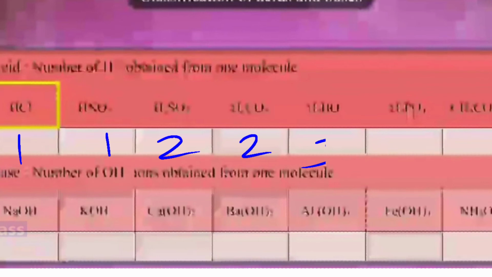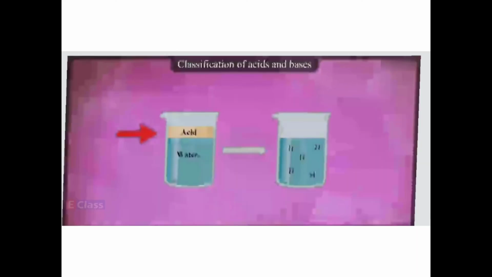So this is the basicity. Acids and bases are classified according to their basicity also, right? So basicity means the number of H plus ions obtained by dissociation of one molecule of acid.